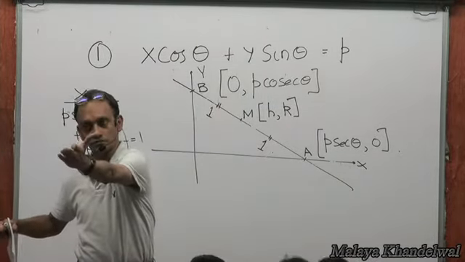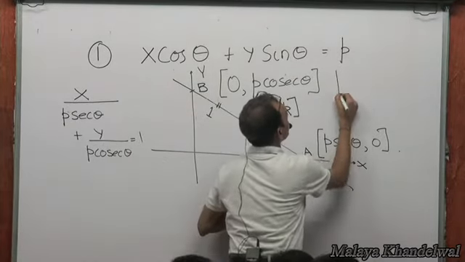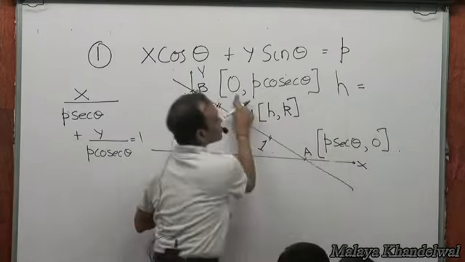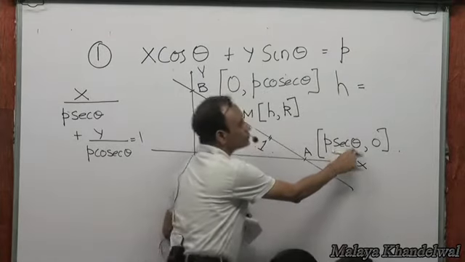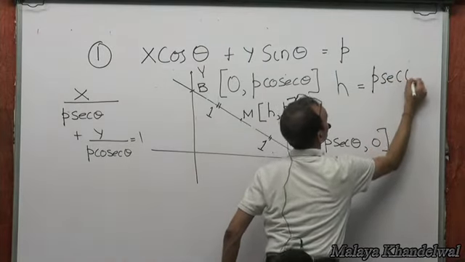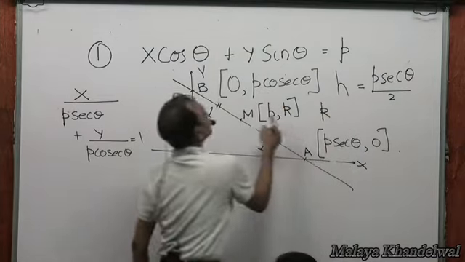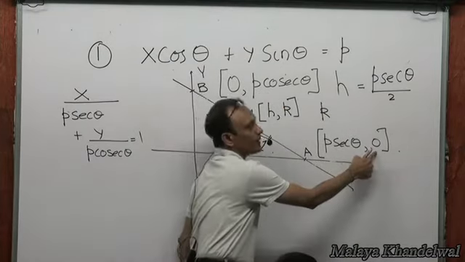Do you then realize that h would be (0 plus p sec theta) by 2? K would be (p cosec theta plus 0) by 2.